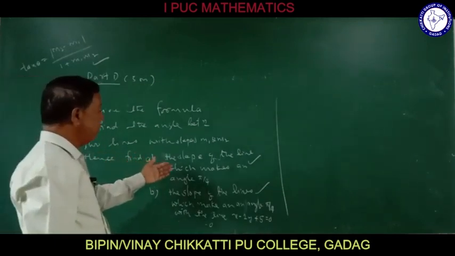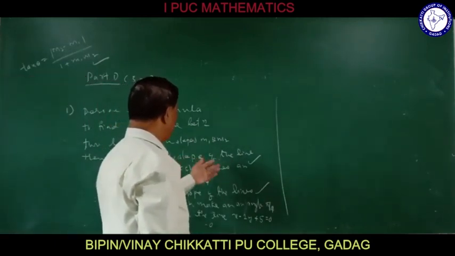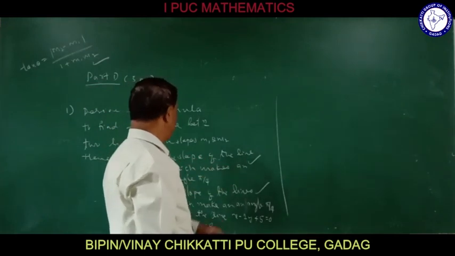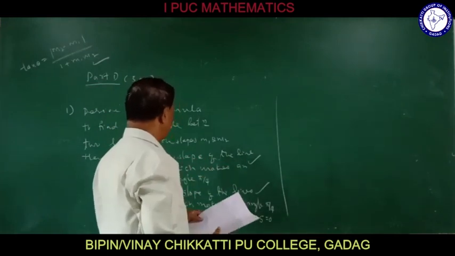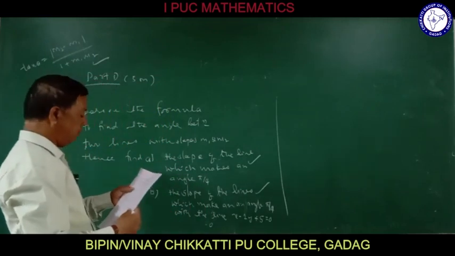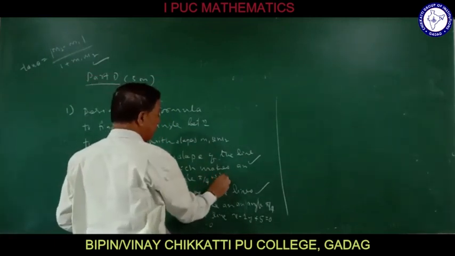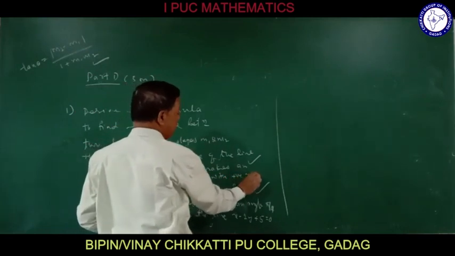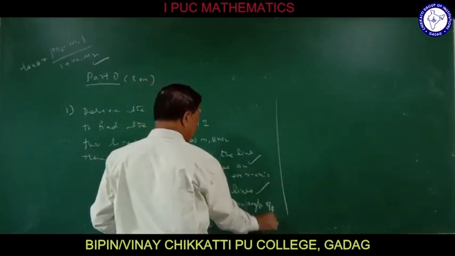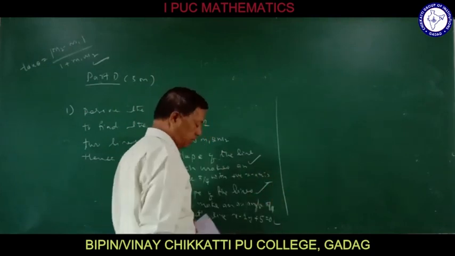The question is, find the slope of the line which makes an angle pi by 4. Here you have to understand pi by 4 with what? With the positive x-axis.